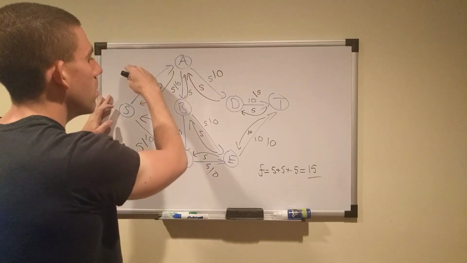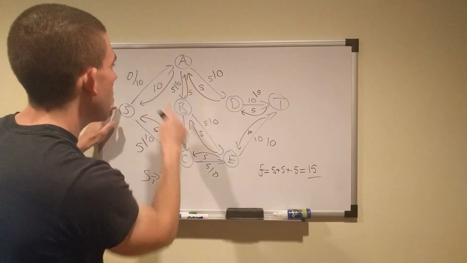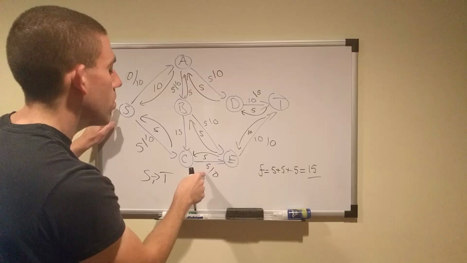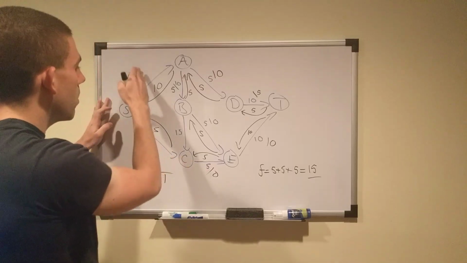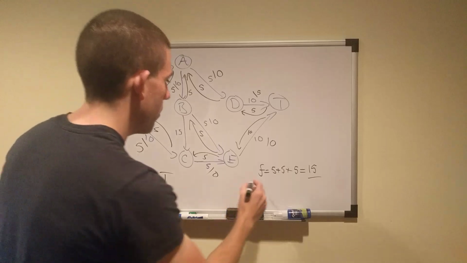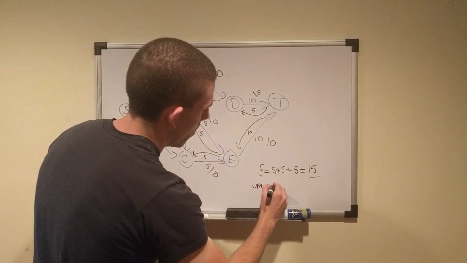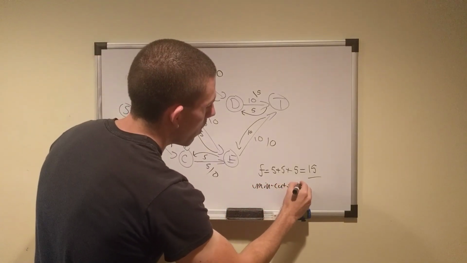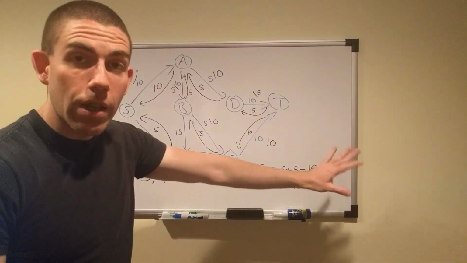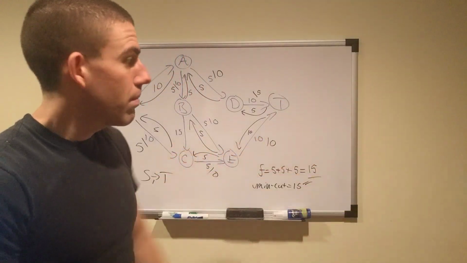If we cut here, we get 10, 15, 20. If we cut here, we get 20. So you see the minimum cut is 15. And those 2 numbers will always be equal. That's an observation in graph theory.